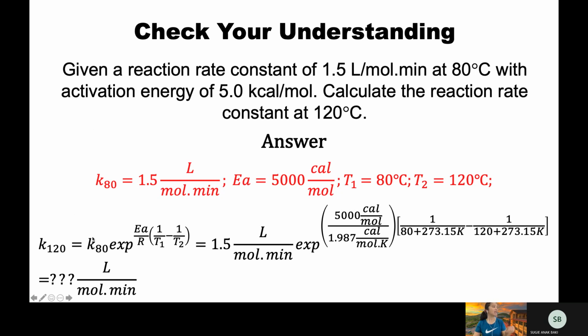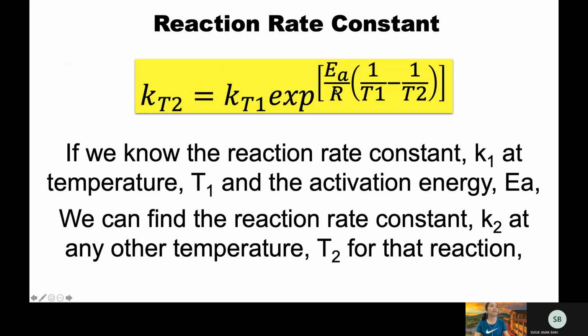Okay, so K at 120, the new temperature, equals K at 80, K at the old temperature, times exponential. For this second version there is no negative anymore. That's why you see in the second version of the equation, EA no longer has a negative. Okay, why is there no negative? If you notice, technically, it's because in this bracket, it has become 1 per T1 minus 1 per T2.